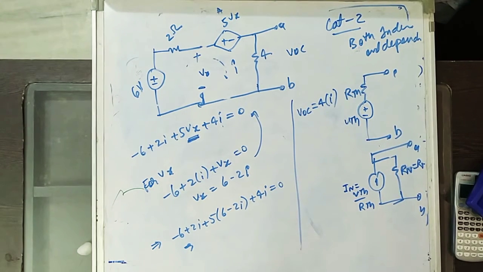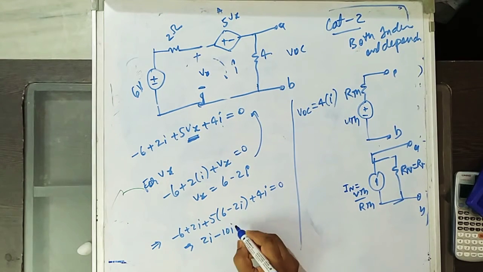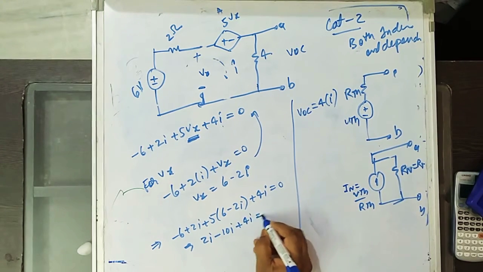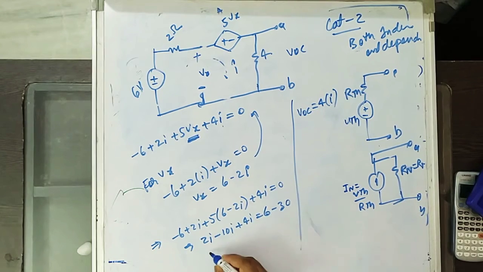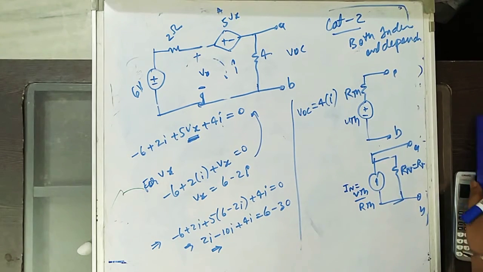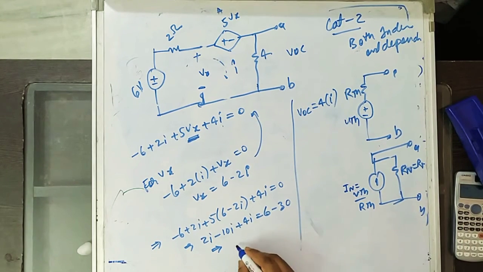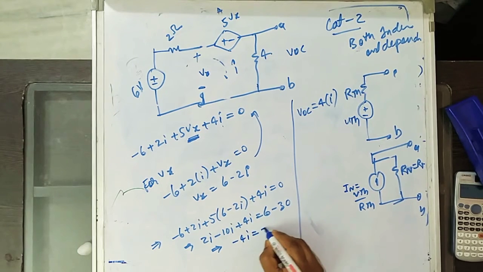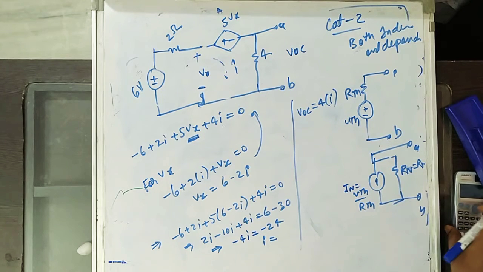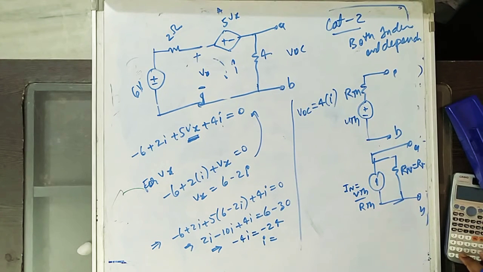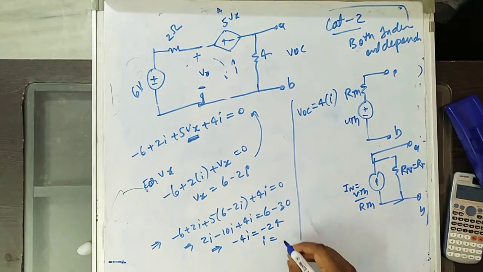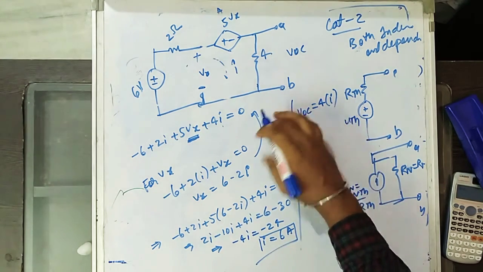By solving this, we get 2I minus 10I plus 4I equal to 6 minus 30. That is minus 8 minus 4I equal to minus 24. So I equals 24 by 4, that is 6. I equals 6 amps.